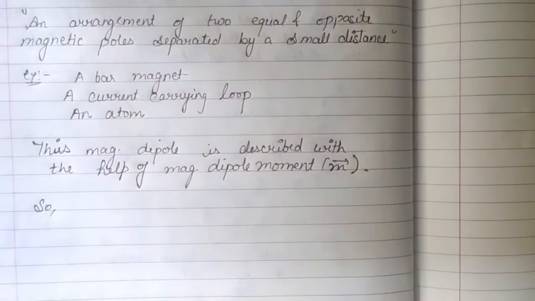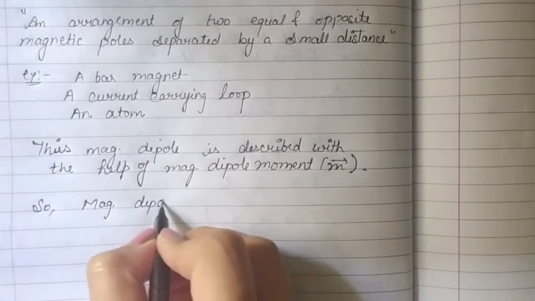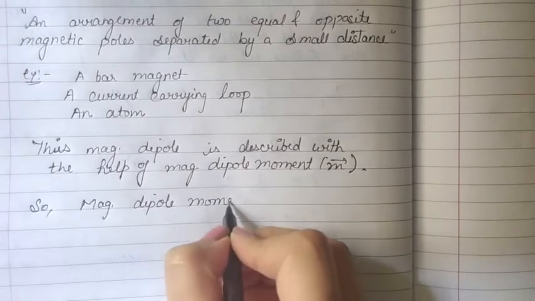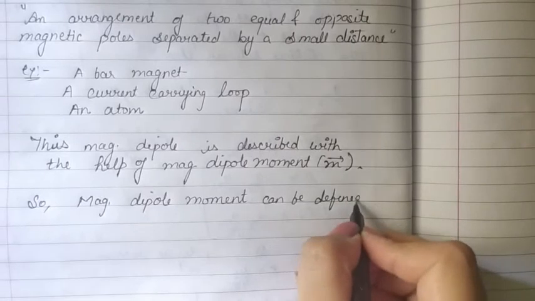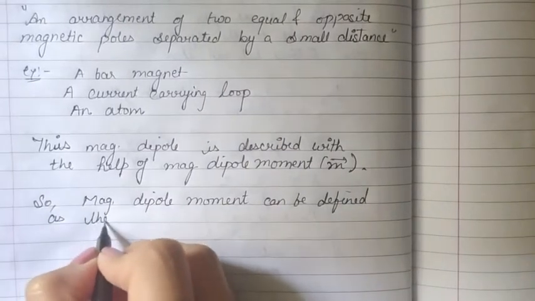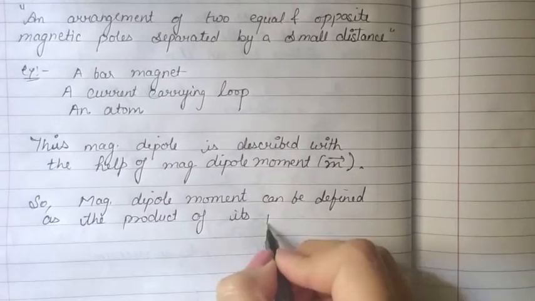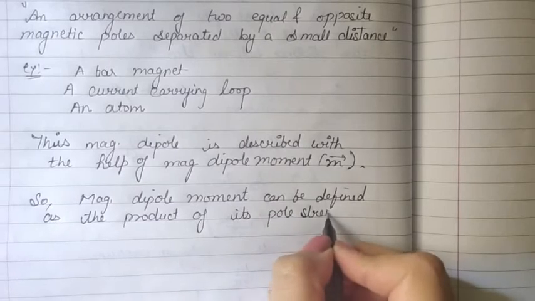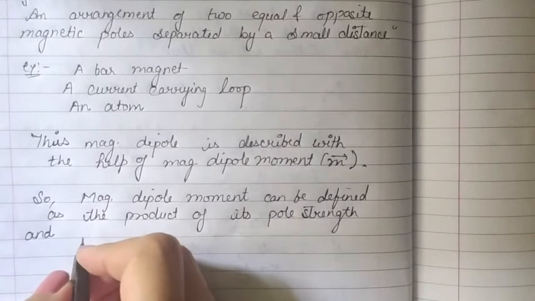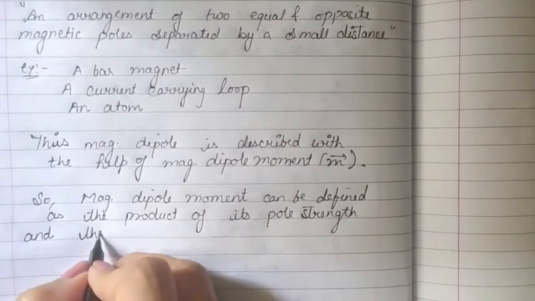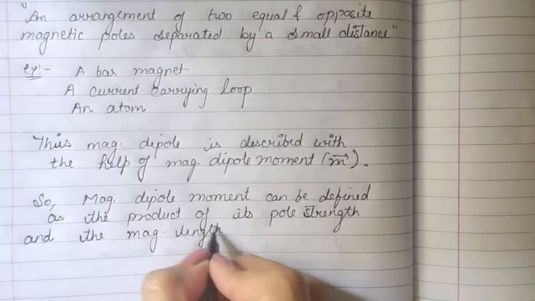So we can write that the magnetic dipole moment is defined as the product of its pole strength and the distance between the poles, the magnetic length. This is the magnetic dipole moment.